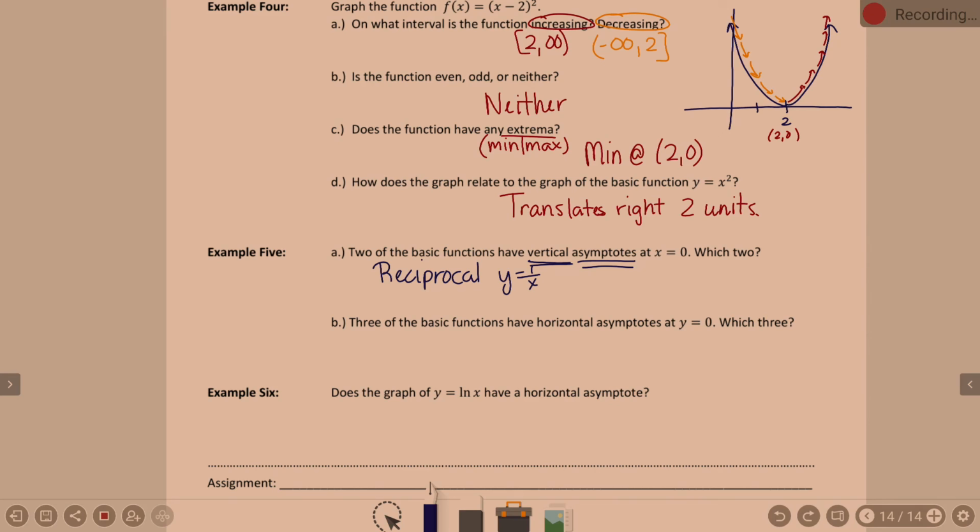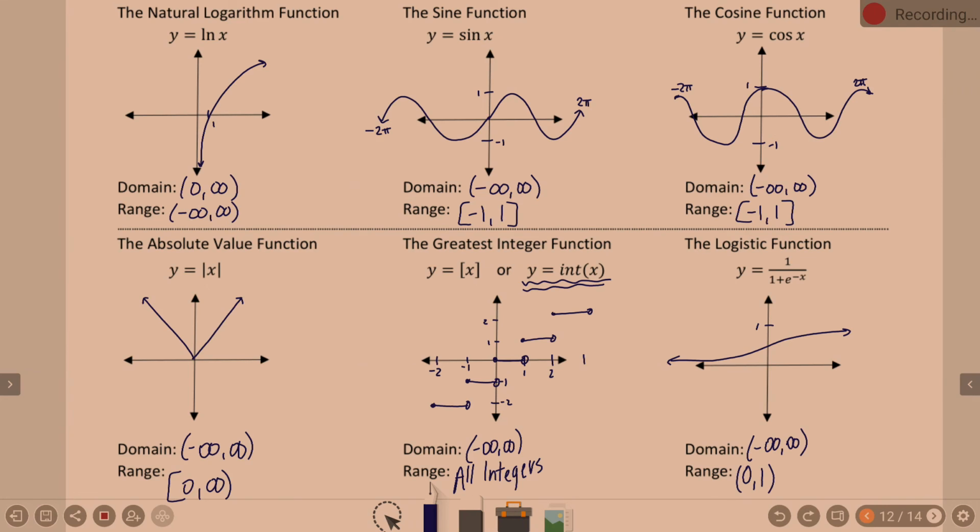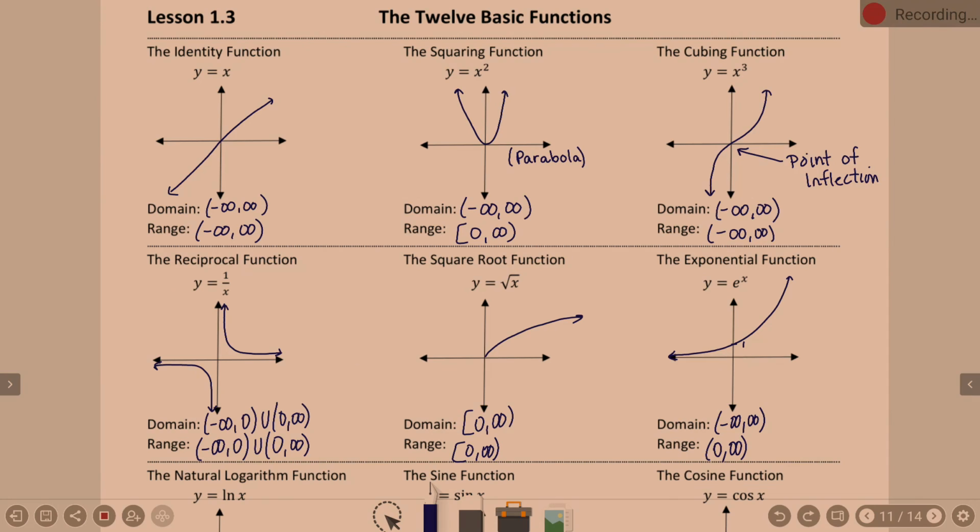Is that what we need to review here? What vertical is? Vertical asymptotes at x equals 0 means, where is the y-axis a vertical asymptote? I heard reciprocal. That one definitely has a vertical asymptote. Now I'm realizing she was referring to it as a horizontal at the time, but okay. So reciprocal, yes? What else? Natural logarithm. We're looking for vertical.